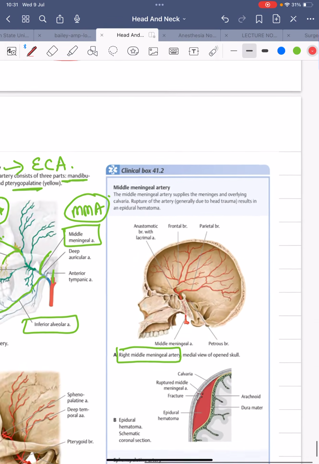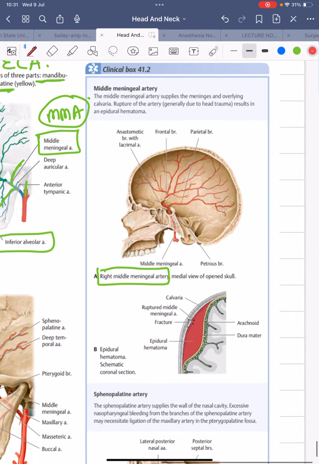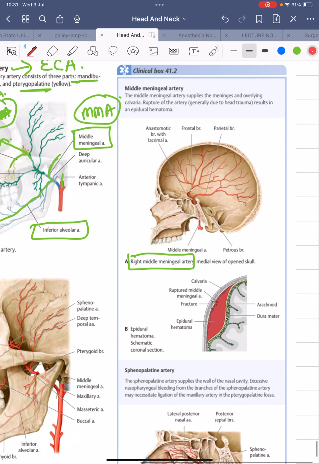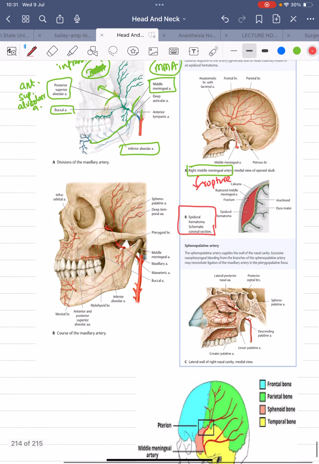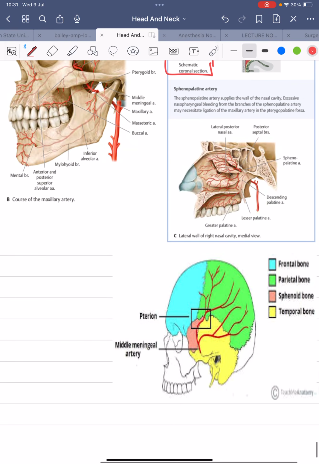Please remember, middle meningeal artery rupture or bleeding leads to the epidural hematoma in the patient. Okay, it can lead to what? Epidural hematoma in the patient. And please remember, this artery is passing through this point here. This point is known as pterion point.